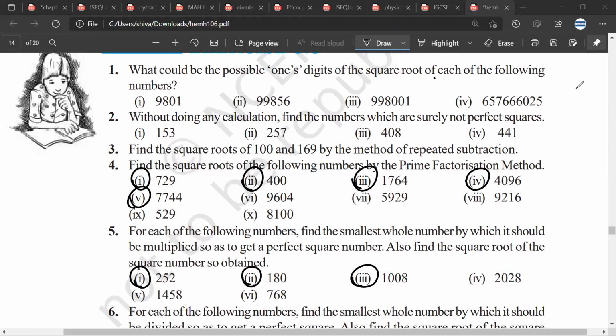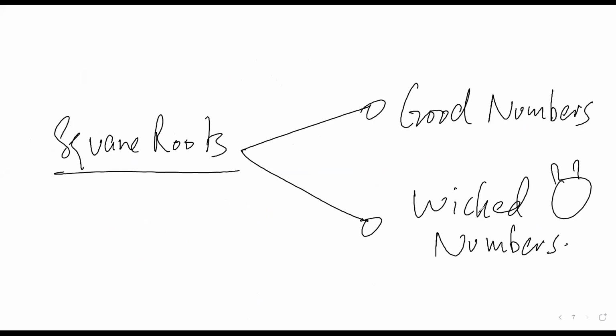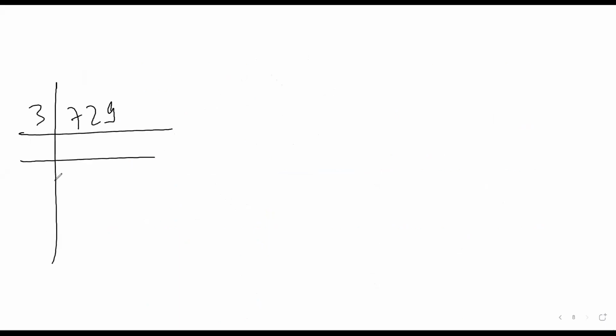Okay, Mr. Sarthak, how should I do the fourth, first part? 729 square root. Yes, sir. So the prime factors will be 3 into 3 into 3 into 3 into 3 into 3 into 3. How many 3s should I write? So 3 threes.